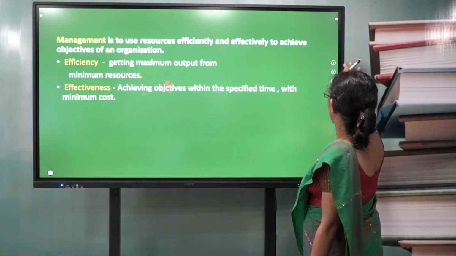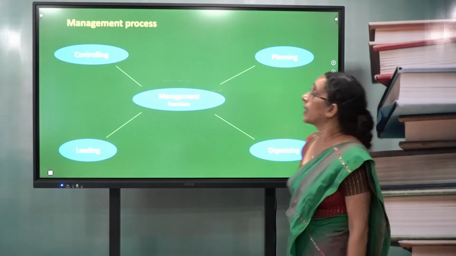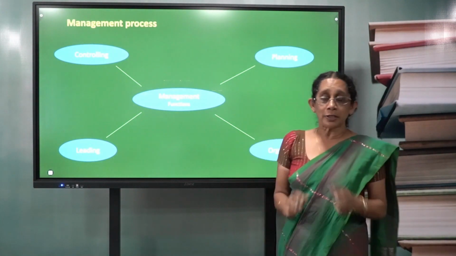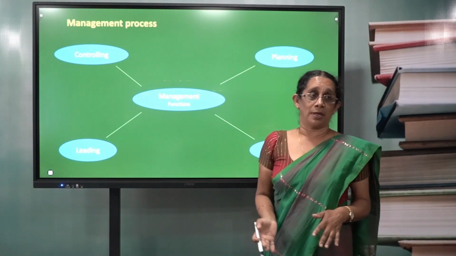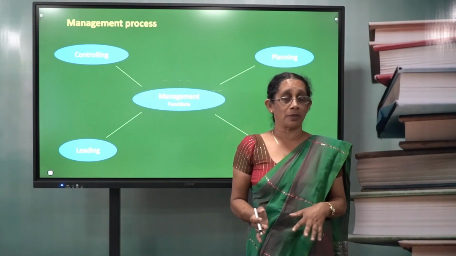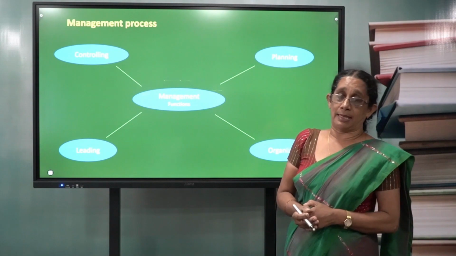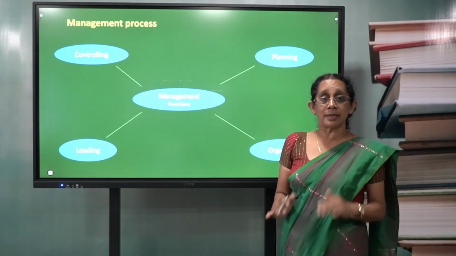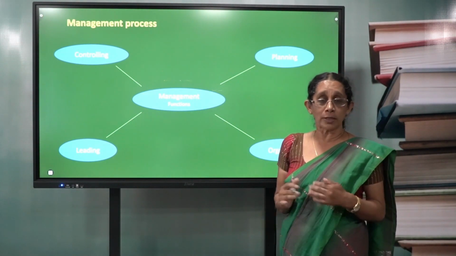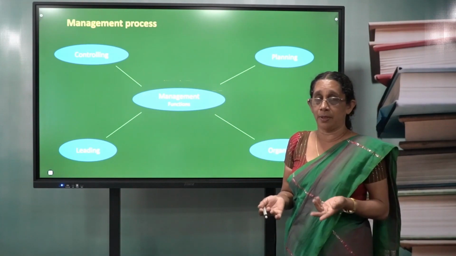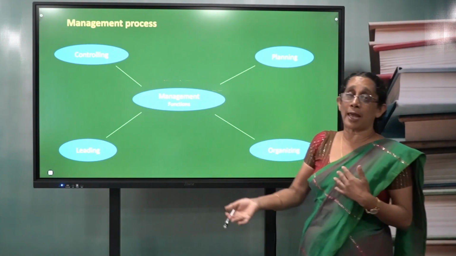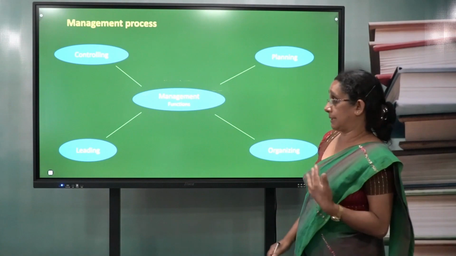Okay, children. Yes. And we now discussed about management. And we told through management, business can achieve its objectives. Yes. And management is a continuous process. It won't stop. It continuously happens. Process is a series of actions that takes place. Yes.